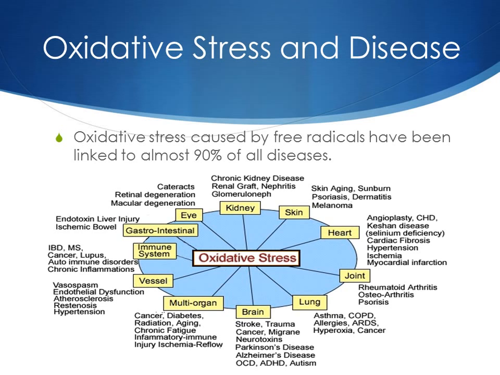So if you want to look up something in more detail about how a certain disease is linked to oxidative stress, you can write, for example, stroke and oxidative stress, or asthma and oxidative stress, and you will see tons of research data that's available. So the scientific community knows that oxidative stress due to free radicals is the cause of most of the diseases, and I think more and more people are learning about that.